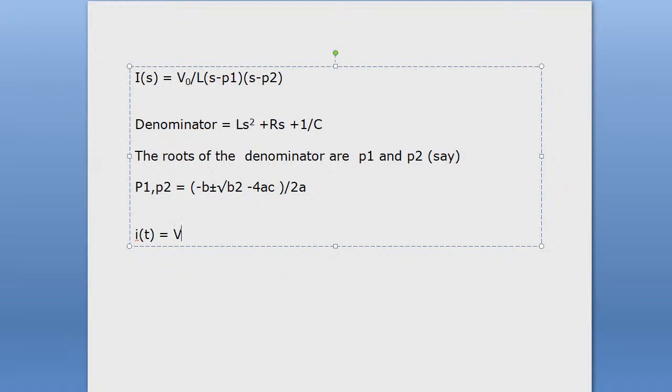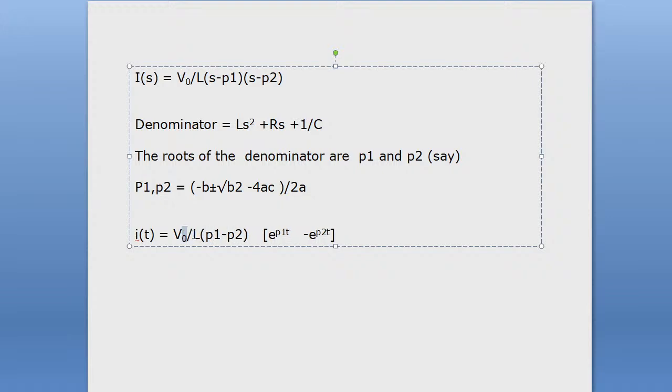I of t equals V naught divided by capital L, into P1 minus P2, into e to the power P1 t minus e to the power P2 t, and you just write the expressions of P1 and P2 in terms of R, L, C. So you will get ultimately this expression.